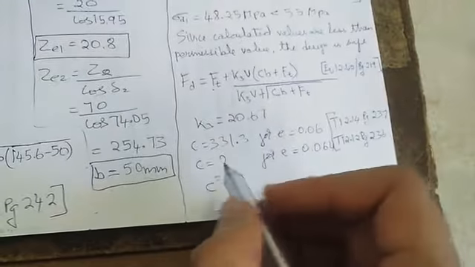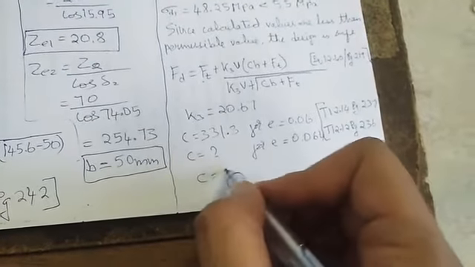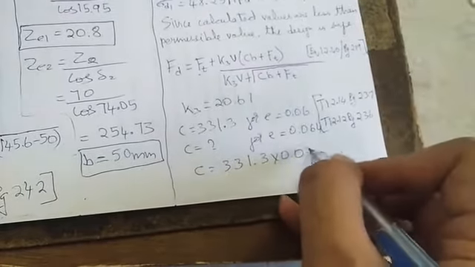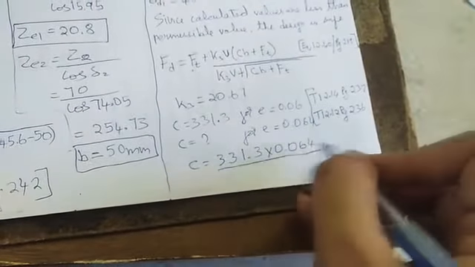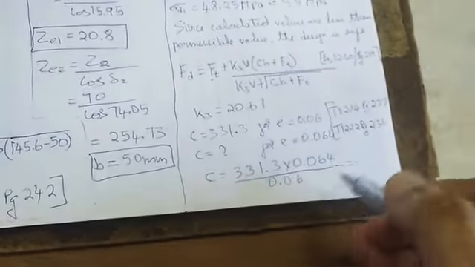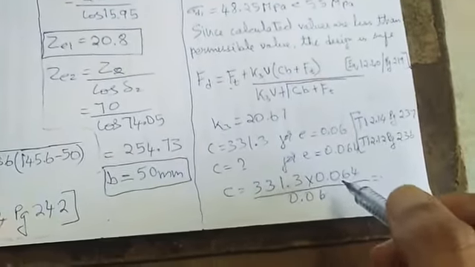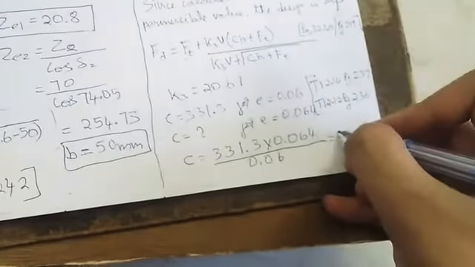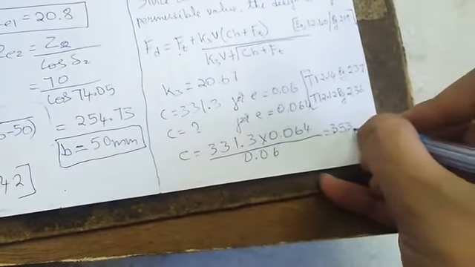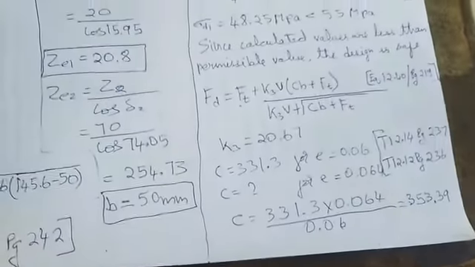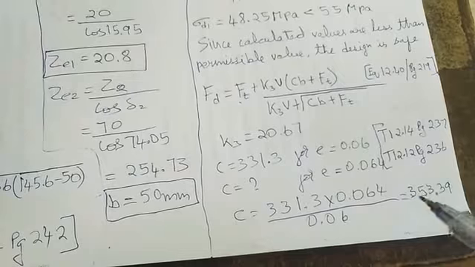This is nothing but direct cross multiplication: 331.3 into 0.064 divided by 0.06. The value of C which I get is 353.39.